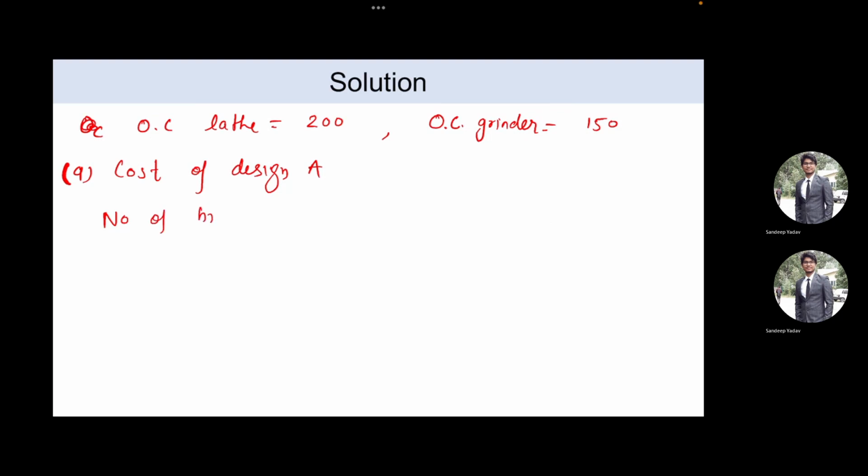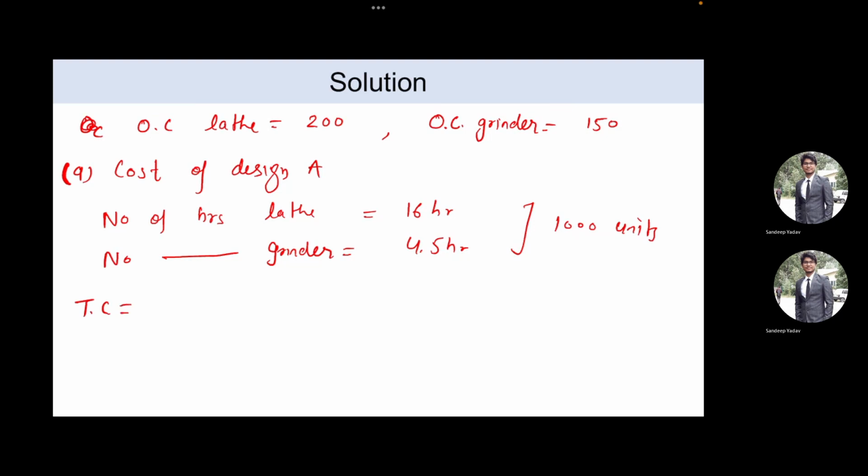Number of hours of lathe required is 16 hours, and number of hours for the grinder is 4.5 hours. Both are for 1000 units.